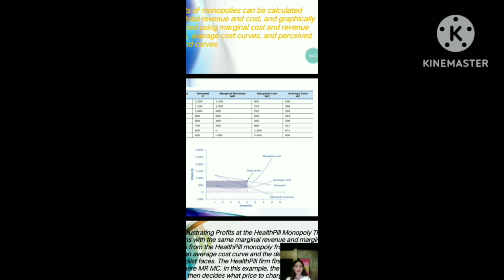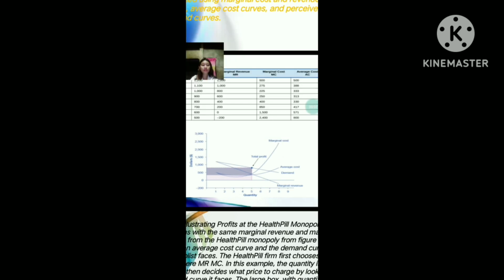We have marginal cost, marginal revenue, our demand curve, and our average cost curve. The third part is interpreting what the intersection of each of these means.